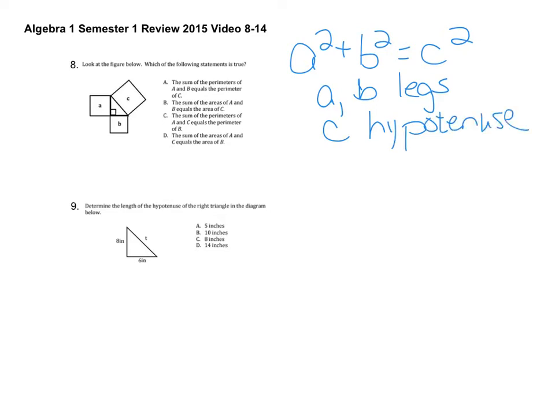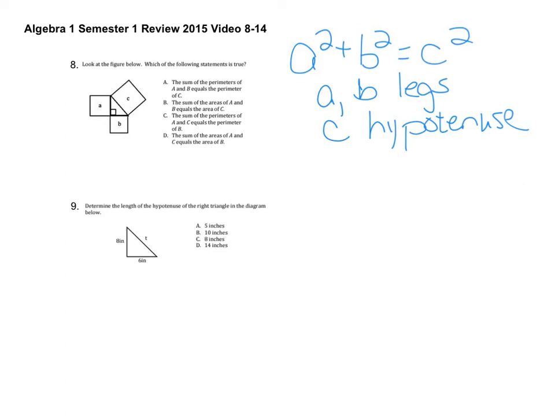Now this first question, number 8, wants us basically to interpret the Pythagorean Theorem. It says, which of the following statements is true? It says the sum of the perimeters of A and B. So are we finding the perimeter of these squares and adding them and setting them equal to each other?